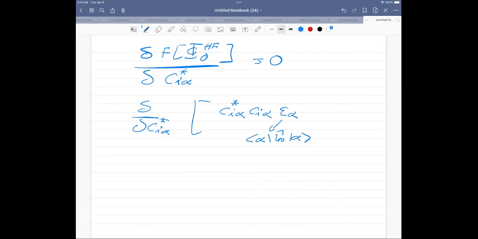We now have assumed that these alphas are eigenstates of H0. That's a very common approximation which is made. We don't need to do that, but I'm going to do that because that will simplify the equations here.